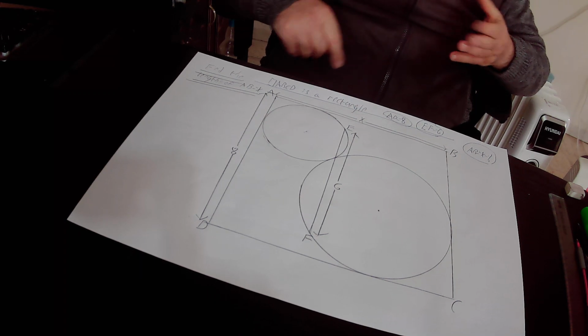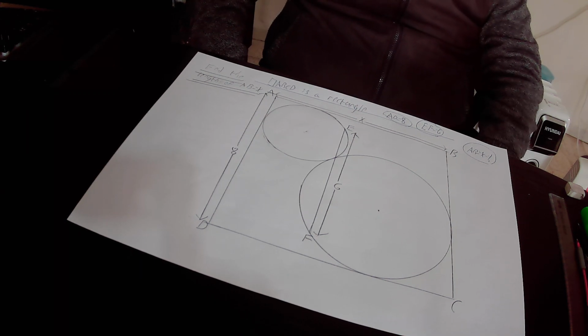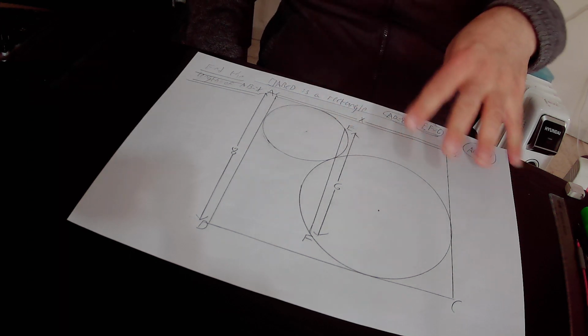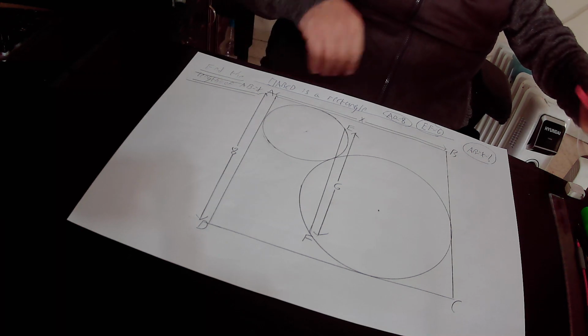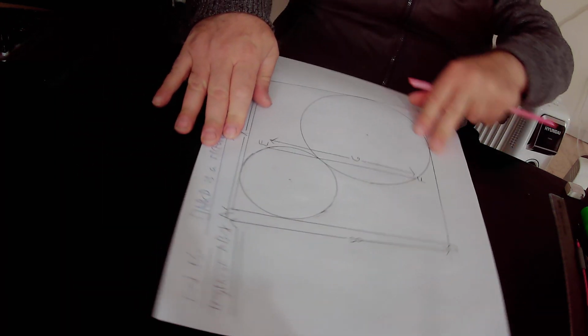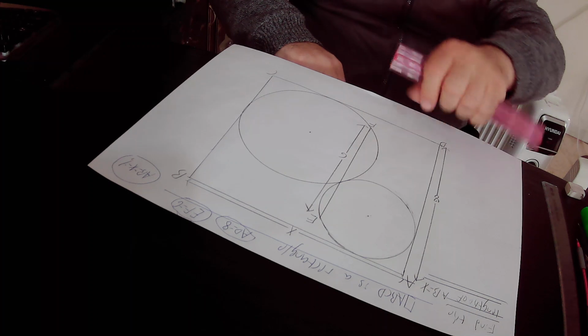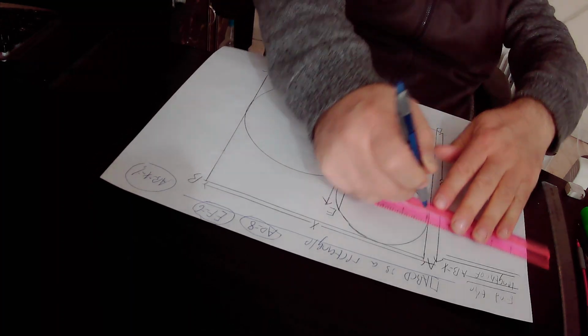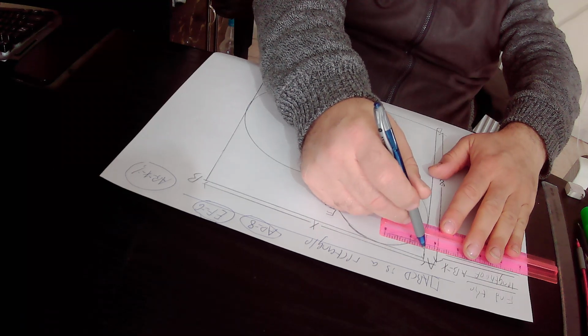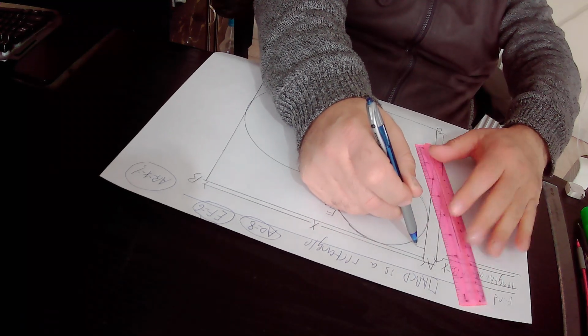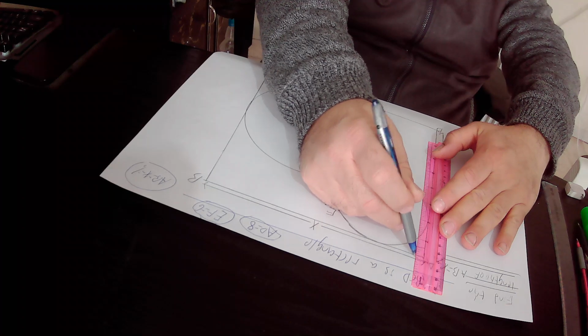Okay, so first of all, we know that ABCD is a rectangle, and we know that all the angles inside the rectangle are right angles. So this angle equals 90 degrees in rectangle ABCD.